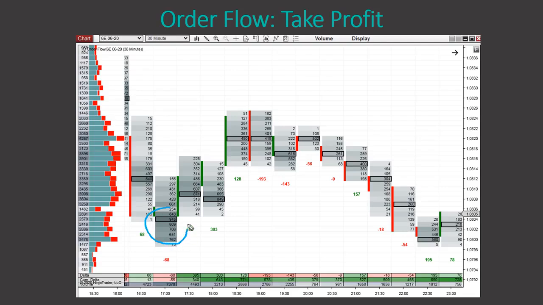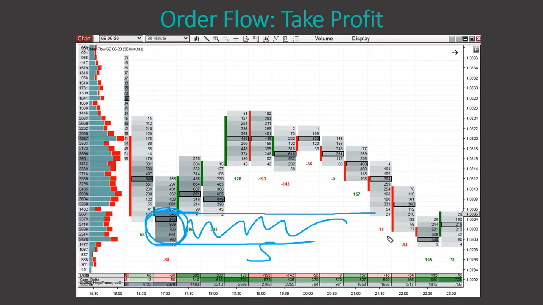This is the heavy volume area, so you want to quit your trade. I would quit it one tick above the high volume node, so I would quit it in here. The reason is that this high volume cluster could potentially work as a support and potentially turn the price. So you want to quit your trade in here before it reaches the support.